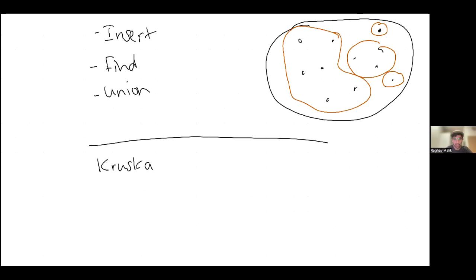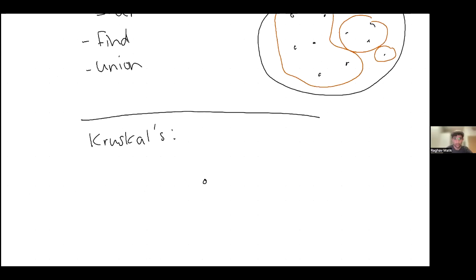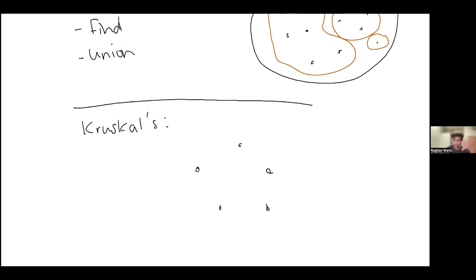And just as a refresher, the way we use this for Kruskal's is, in Kruskal's, we have a graph, right? We start with the set of vertices of this graph and we insert edges one by one in increasing order of the weight. And we want to make sure that we never create a cycle. The way to do that is by making sure that the two endpoints of a new edge are not already connected to each other, right?